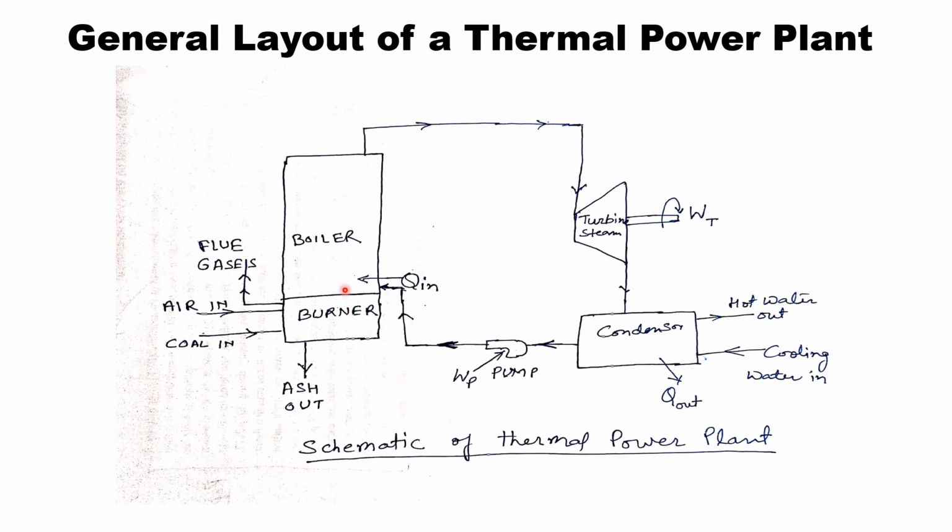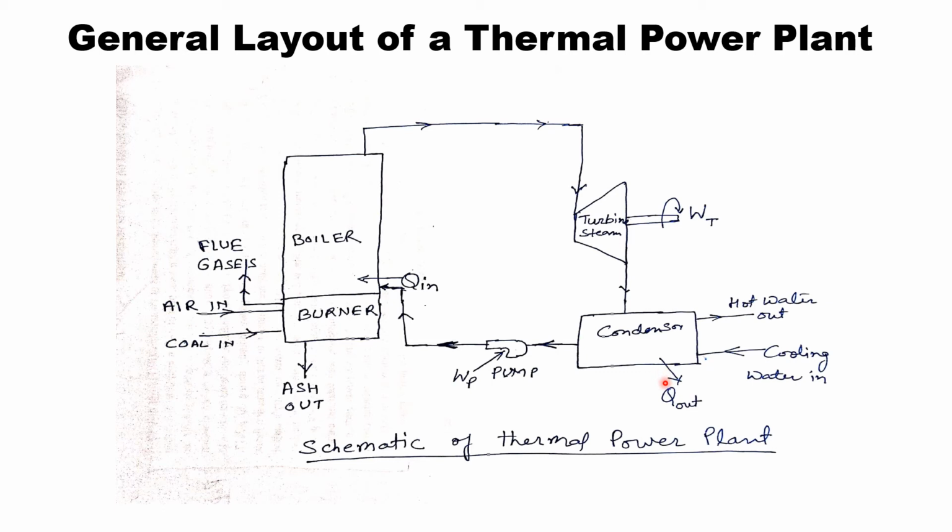Here in boiler we give the fuel energy Q in, and then we get the turbine work output WT. So this is the energy given, and this is useful work output.